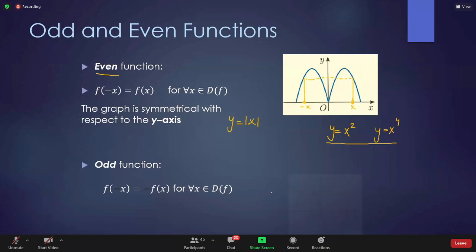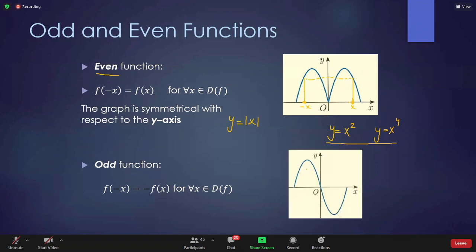The graph would be, for example, like this. That means we have, for example, two opposite values of x. Let's say this is x and this is minus x, because x could be negative, then minus x is positive. And you see how the corresponding function values are exactly opposite. This means the graph is symmetrical with respect to the origin of coordinates.